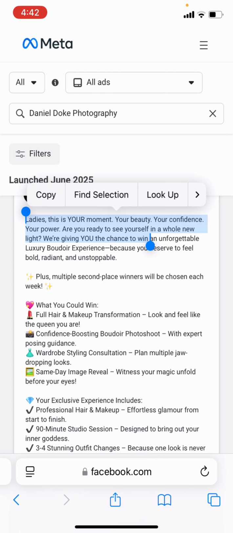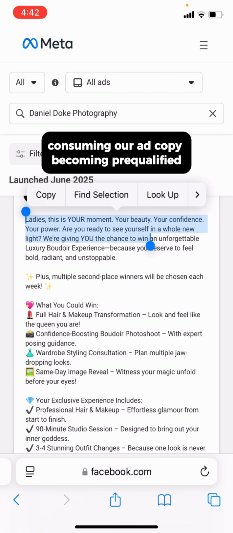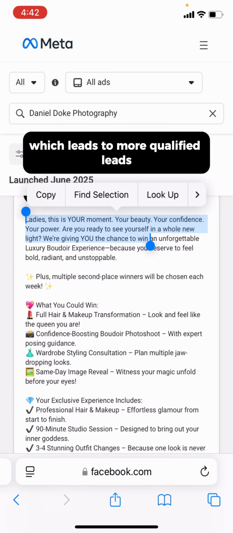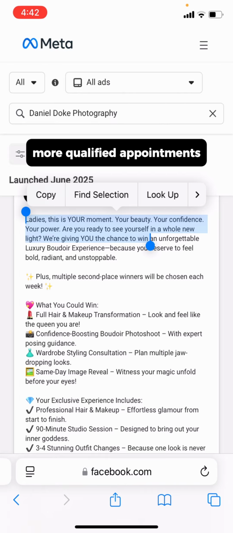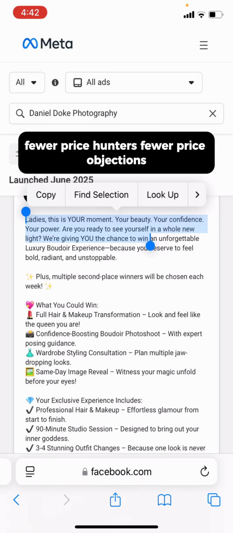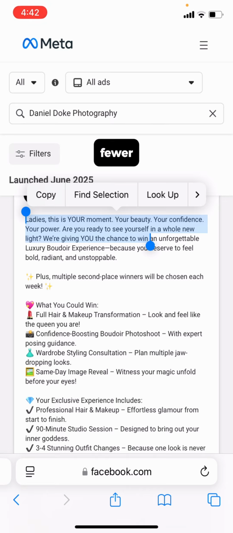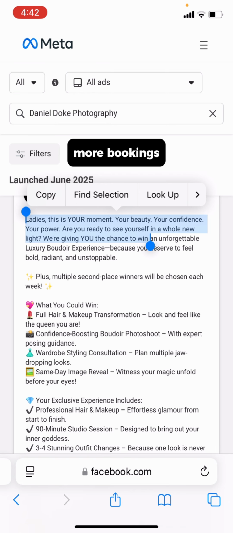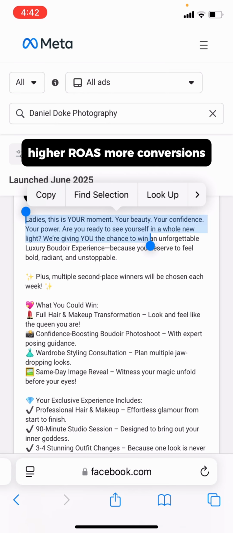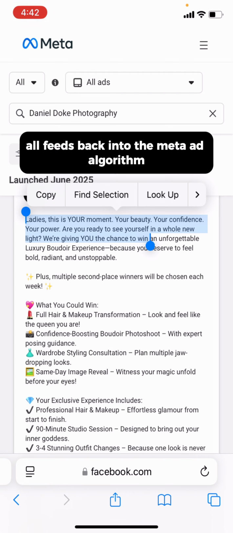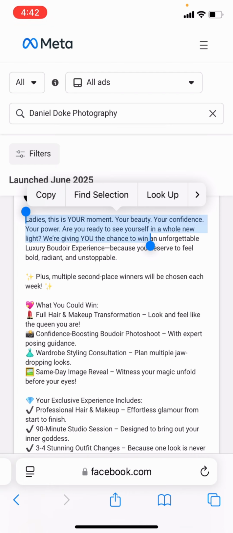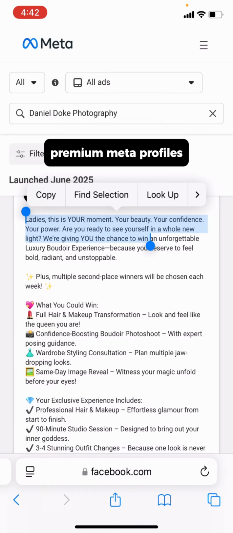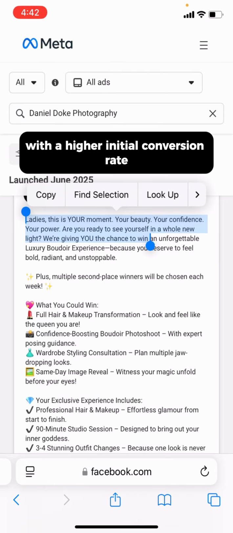So we're gonna have more women reading our see more headline, clicking the see more, consuming our ad copy, becoming pre-qualified, which leads to more qualified leads, more qualified appointments, fewer price hunters, fewer price objections, fewer tire kickers, less ghosting, because we get more qualified sales calls, more bookings, more sales, more revenue, higher ROAS, more conversions, all of which feeds back into the meta ad algorithm, resulting in us unlocking premium placements, premium meta profiles with a higher initial conversion rate for the tranche 2 women that our ads go to.